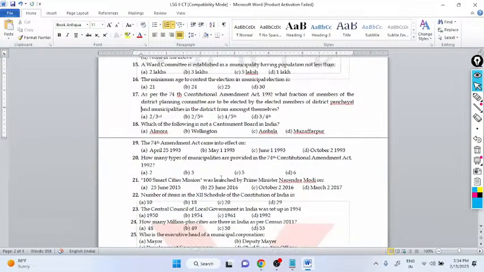Minimum age to contest election in municipal election is 21. 74th Constitutional Act, fraction member of the committee should be district committee 4/5.